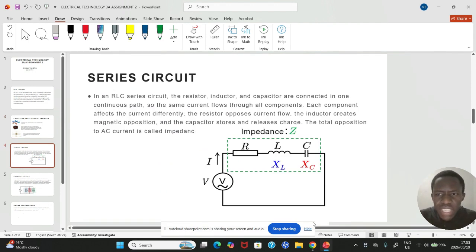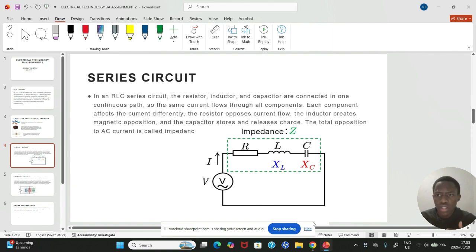A series circuit has the resistor, inductor, and capacitor connected in one path, as you can see on the diagram. The same current flows through all components, so the current through the resistor, inductor, and capacitor will be the same.